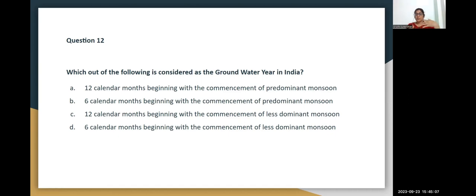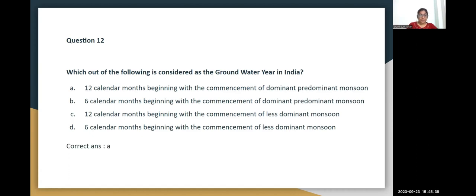Similarly, for the estimation of groundwater also a standard period has to be considered, and that is 12 calendar months beginning with the commencement of the predominant monsoon. In our country, the predominant monsoon is generally the southwest monsoon. But if it is the northeast monsoon, then 12 calendar months starting from the predominant monsoon will be the groundwater year in India.